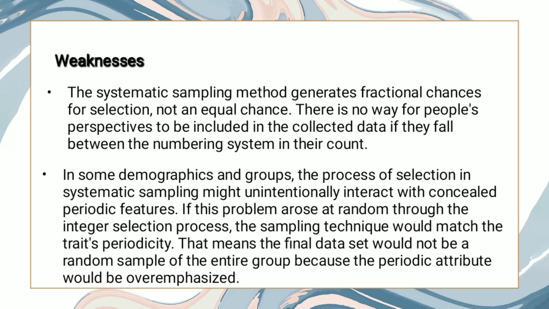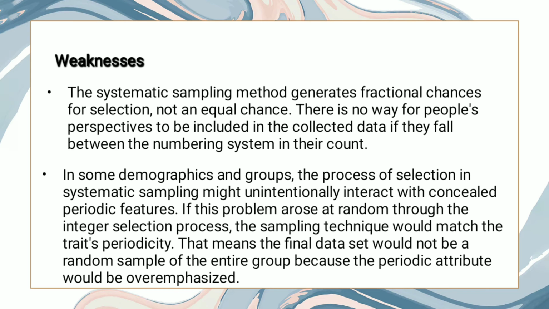investigation. The systematic sampling method generates fractional chances for selection, not an equal chance. There is no way for people's perspectives to be included in the collected data if they fall between the numbering system and their count.